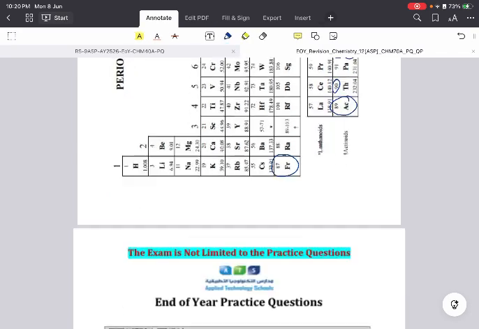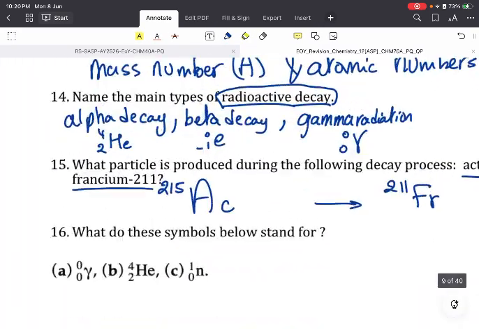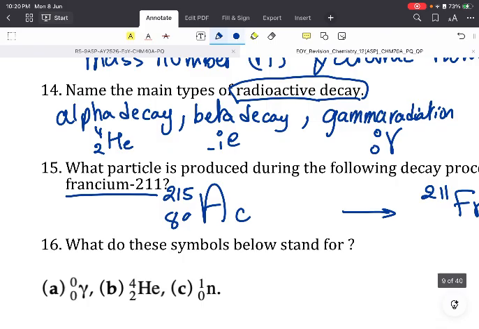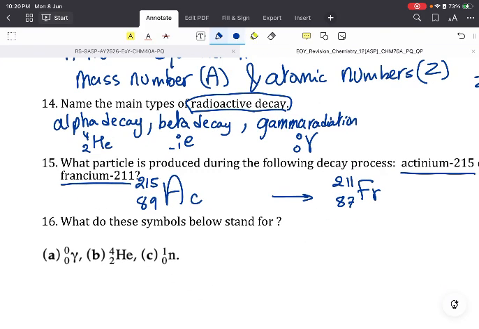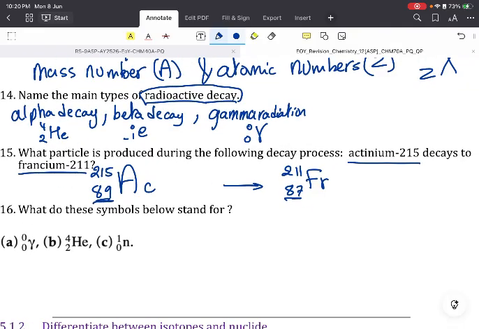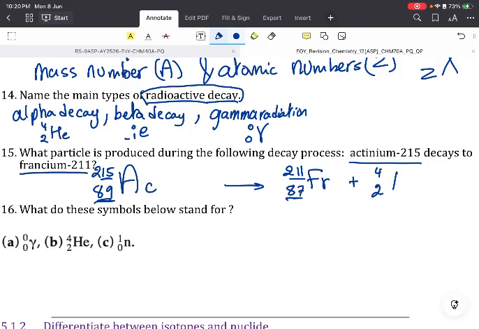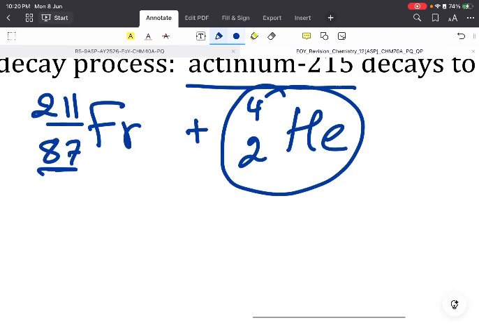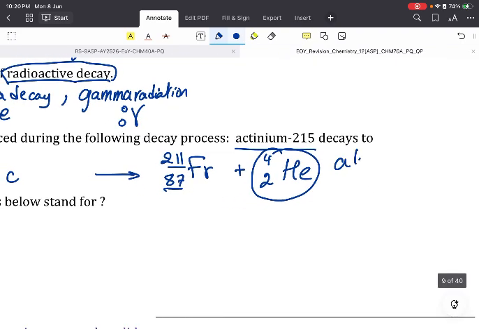So actinium is 89, francium is 87. If you look at the differences here, 87, and here we need to take it to 89, so there's a missing 2 as atomic number, and 211, taking it to 215, that's 4. So, which particle is produced during the following decay? Alpha particle is produced.